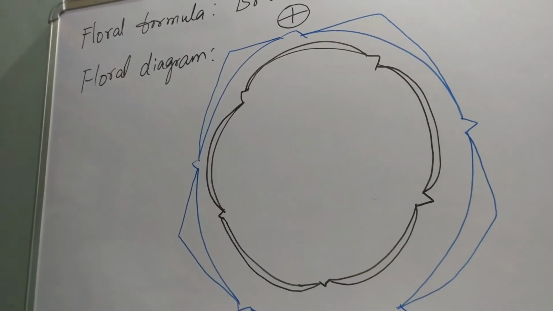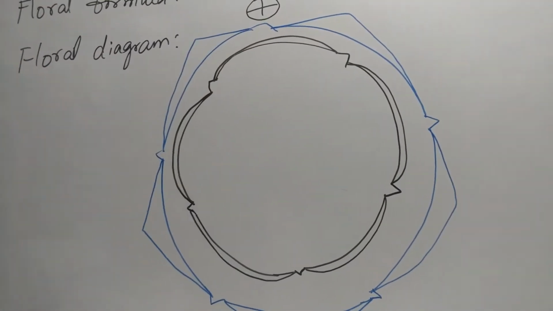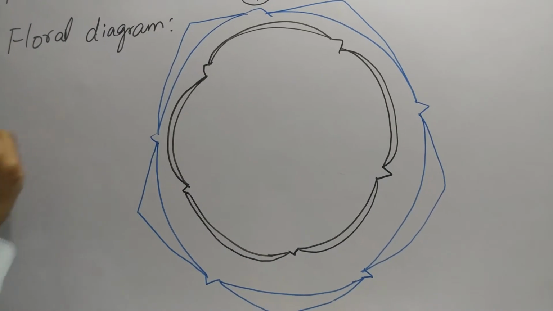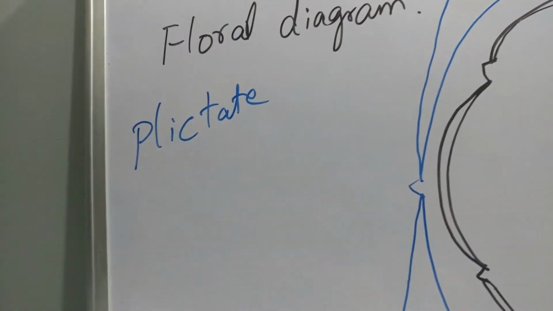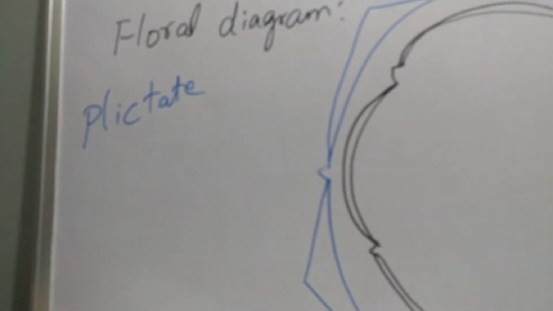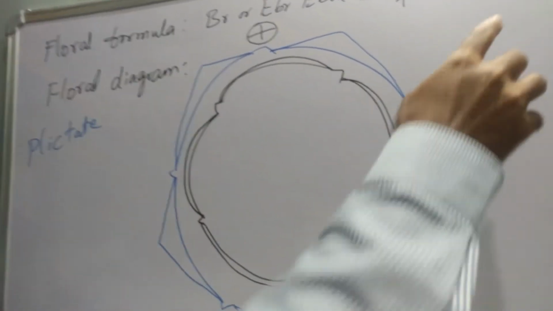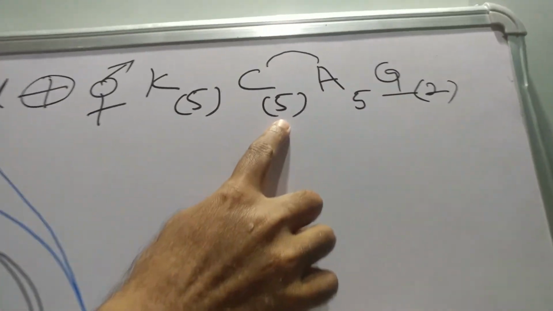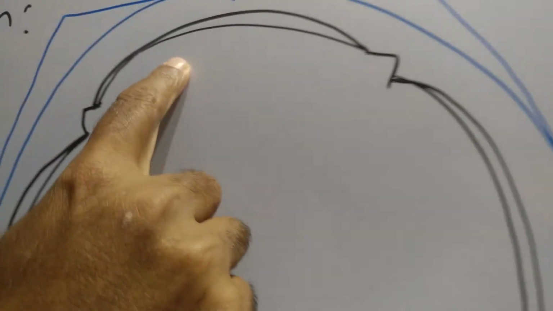In the case of Datura, it is called twisted aestivation, and in the bud, plicate. Plicate means petals are arranged in a fan-like manner in Datura. Datura is special. Now we have completed the 5 petals which are fused.